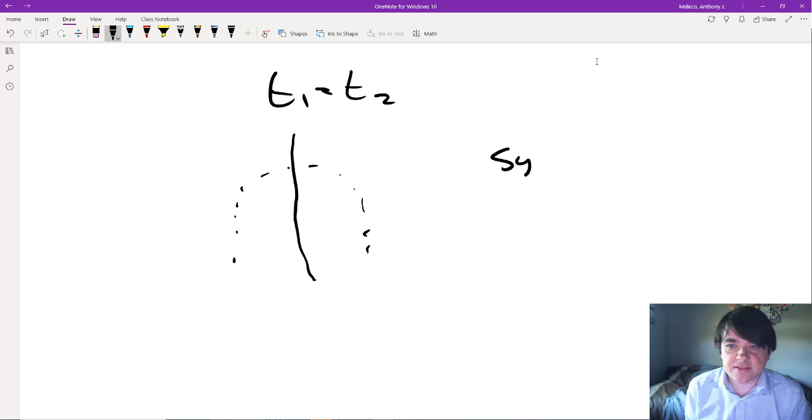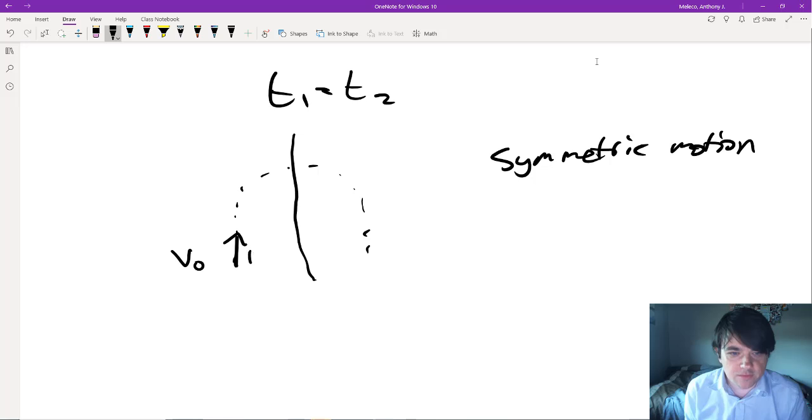This is known as symmetric motion, okay? And the reason this is the case is you start off with v initial equals 15 meters per second. You go up, you hit 0, and then you come back down.